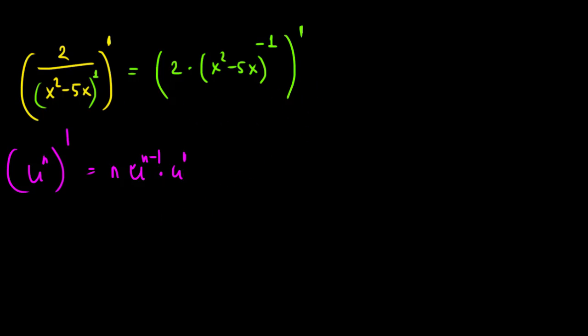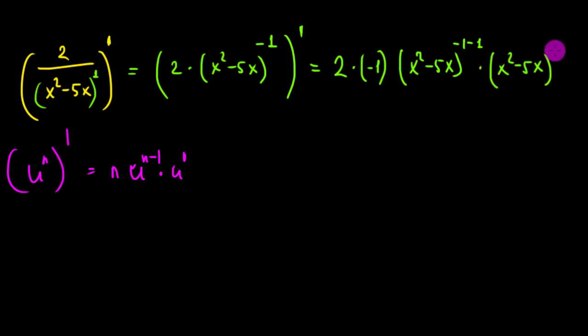Your n is minus 1, and you don't touch the coefficient, so you have 2 times minus 1 times x squared minus 5x to the power of minus 1 minus 1, so n minus 1, and then you have to find the derivative of x squared minus 5x. So it will be minus 2 times x squared minus 5x to the power of minus 2, times 2x minus 5.